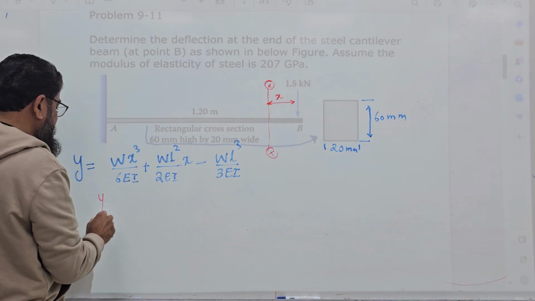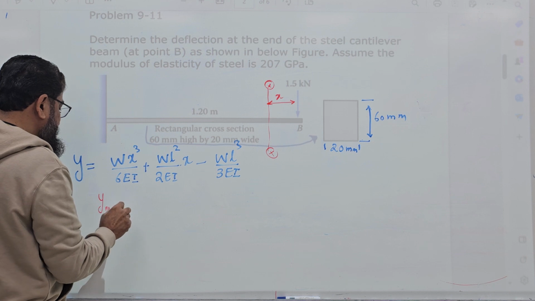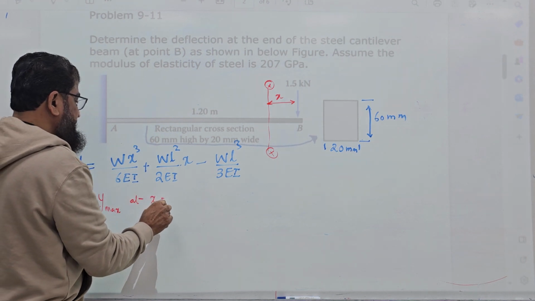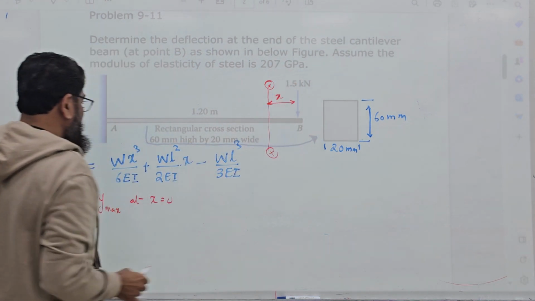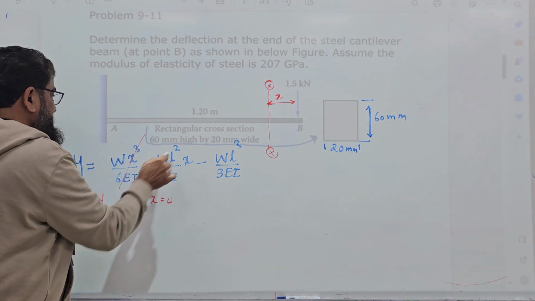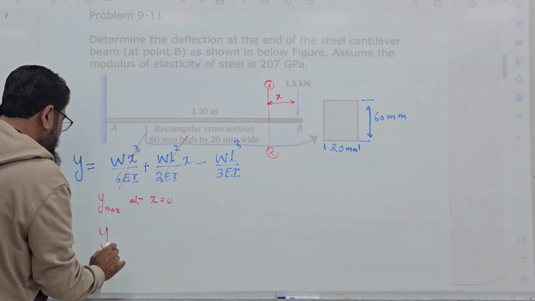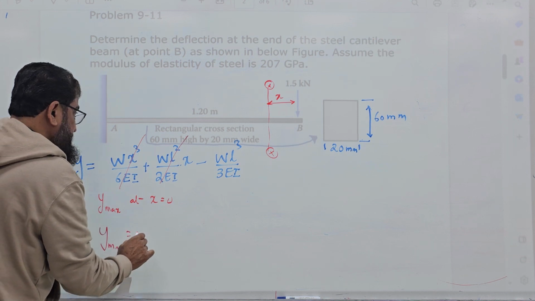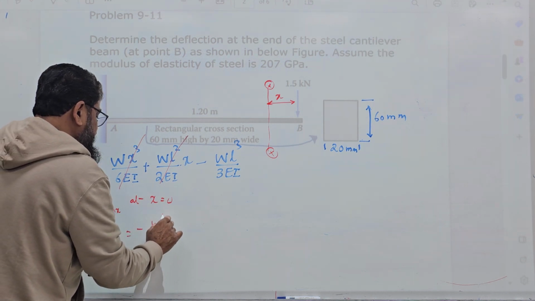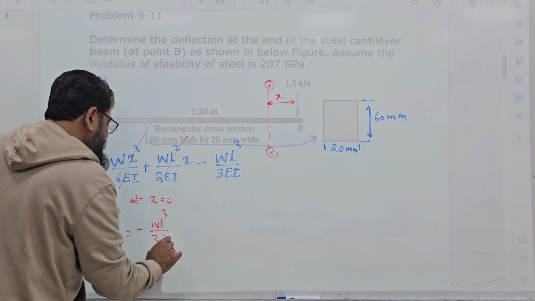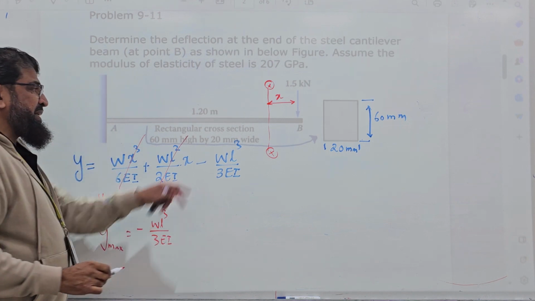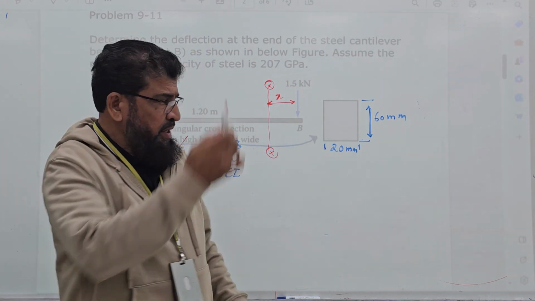Y is maximum at x equal to 0. When it becomes 0, this term is gone, so I am left with Y max equal to minus WL cube by 3EI. This minus sign only indicates that the deflection is downward.